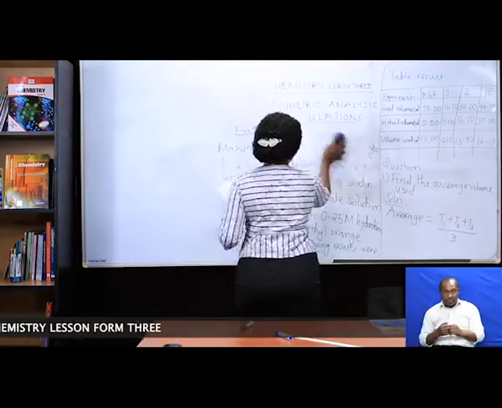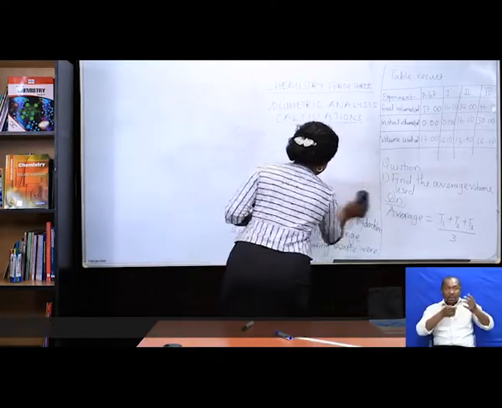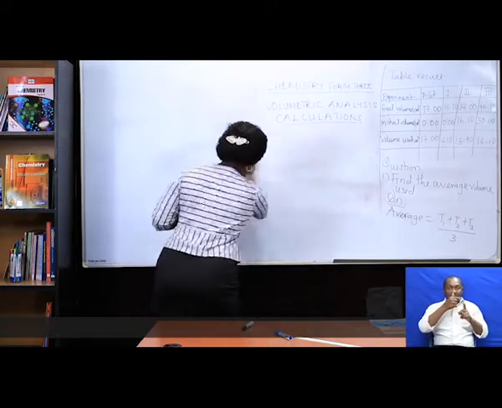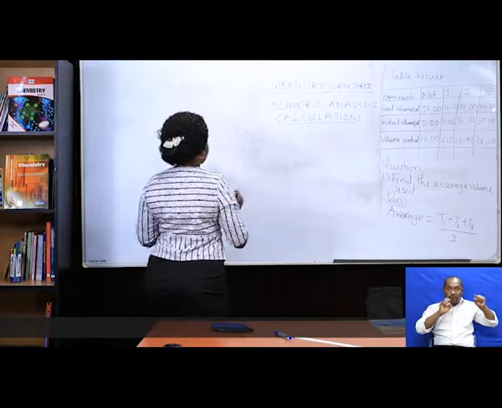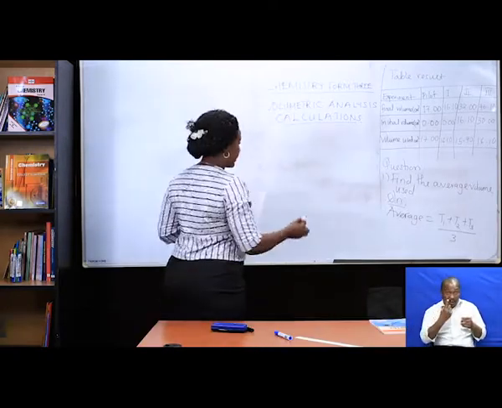Then let's record or take the data from our table. What is the titre volume for experiment 1, titre volume for experiment 2, titre volume for experiment 3? You may even take a piece of paper and try to calculate.